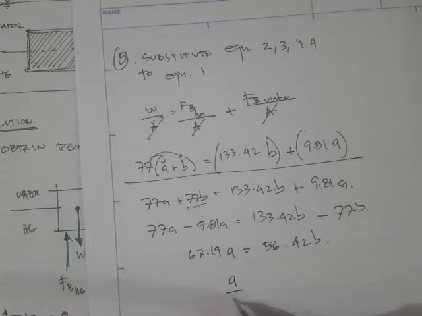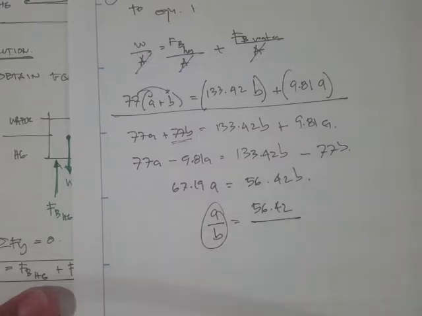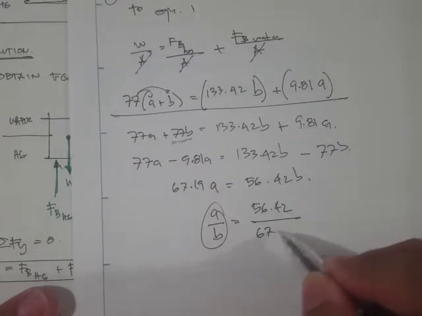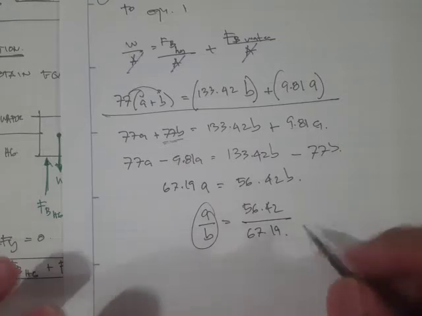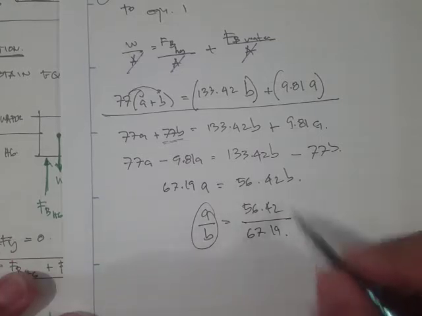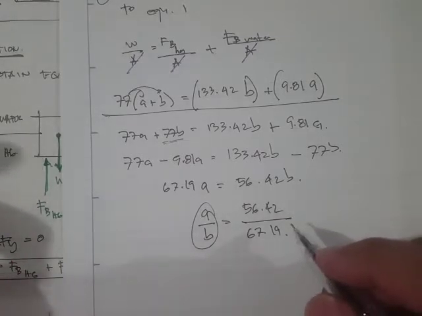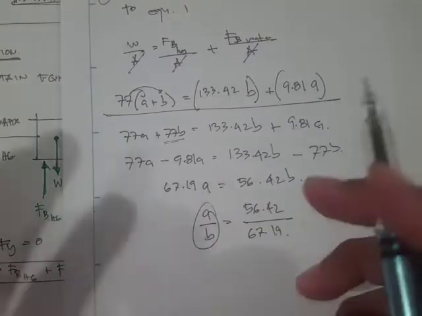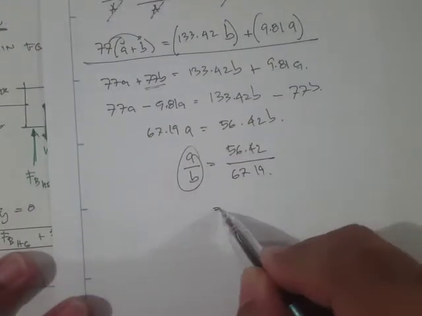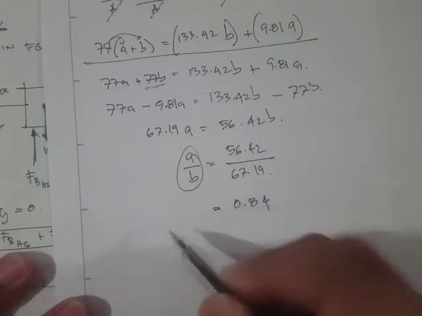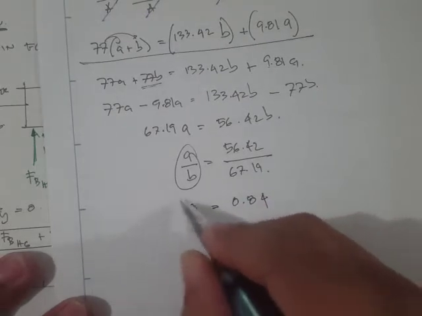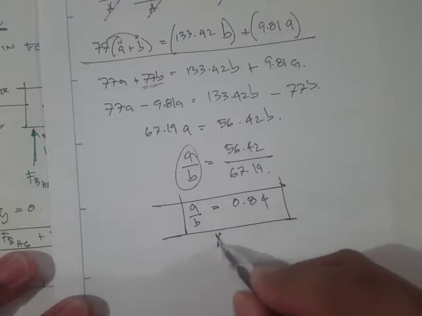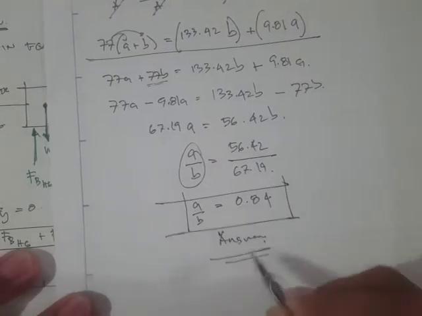Therefore, if we want to find A over B, that's the ratio, that's going to be 56.42 divided by 67.19. Note that they have the same units, and therefore the units just cancel out. So we don't have a unit for the ratio, and the value is 0.84. Right, so this is our answer.